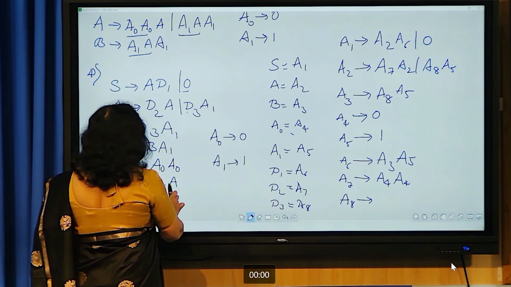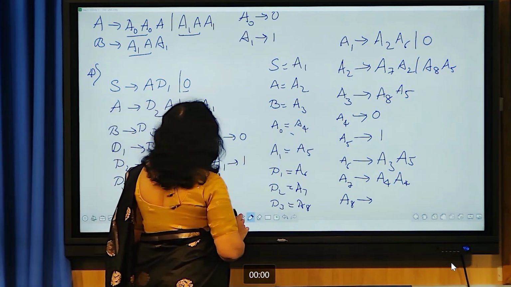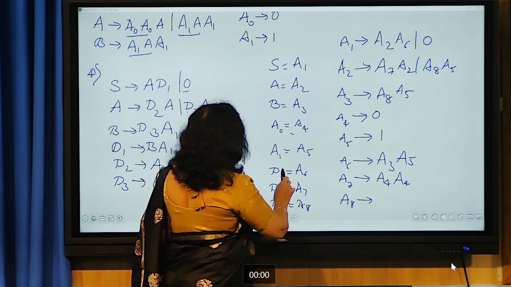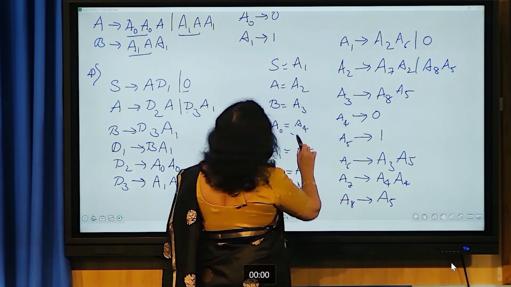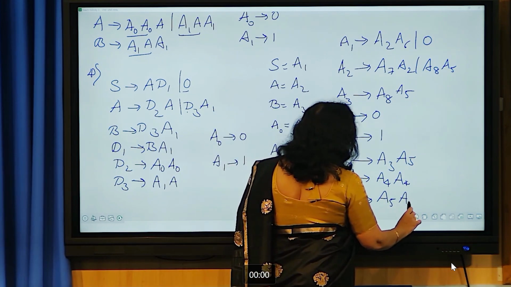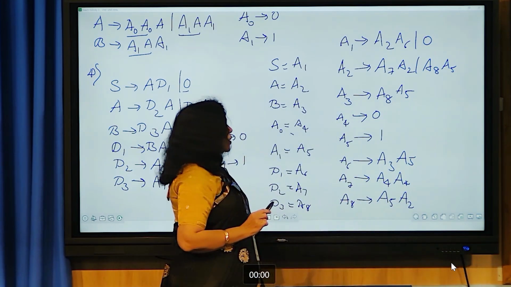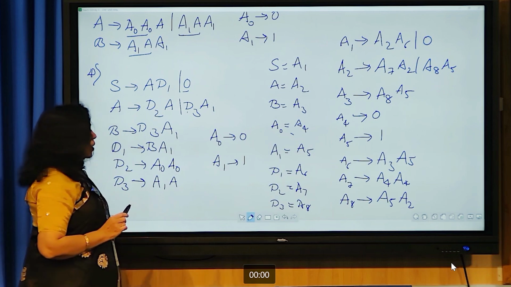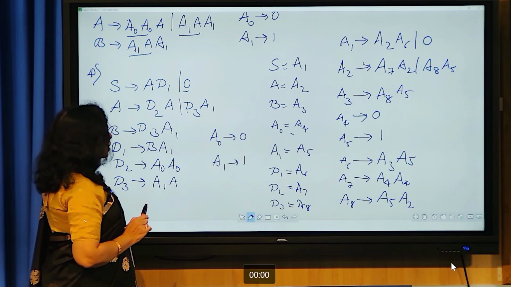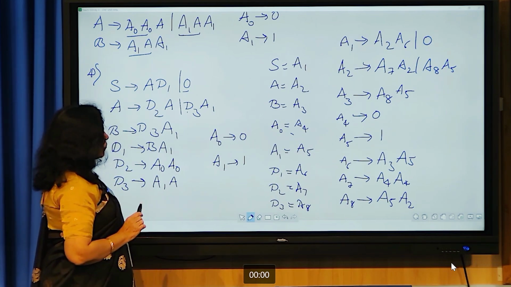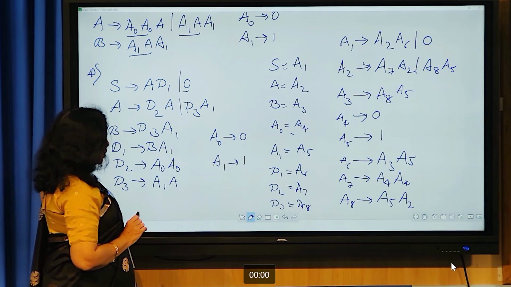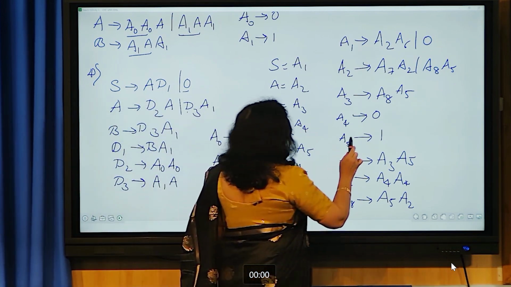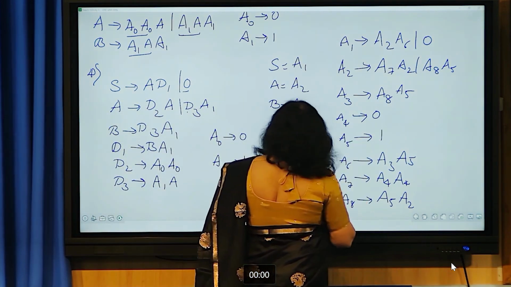A8 produces A1A, where A1 is A5 and A is A2. Okay, so now we have renamed all the variables in terms of A: A1, A2, A3, A4, A5, A6, A7, A8. In this, A4 produces 0.